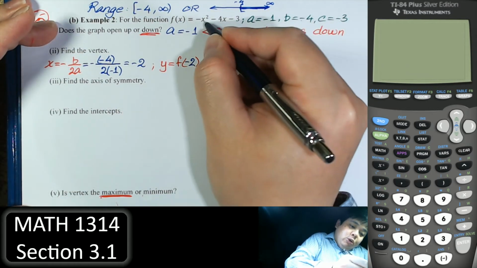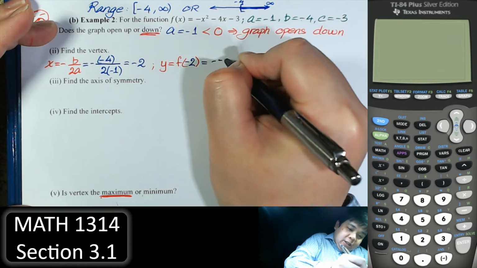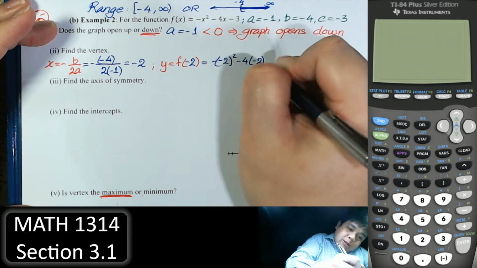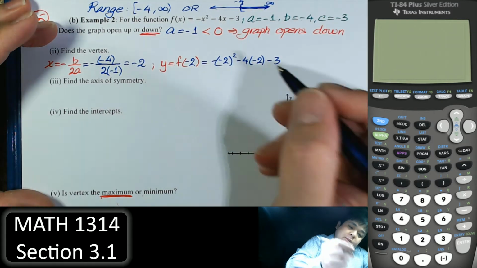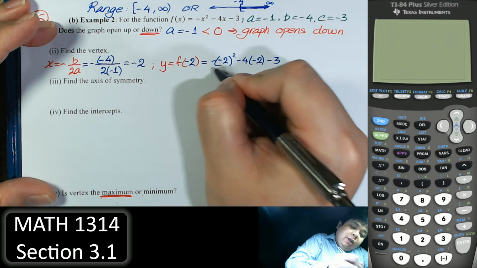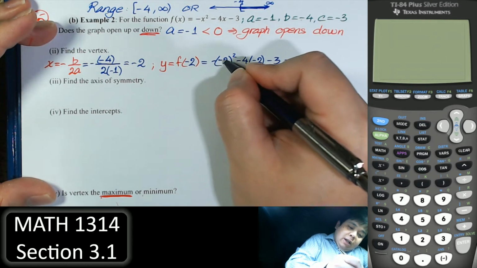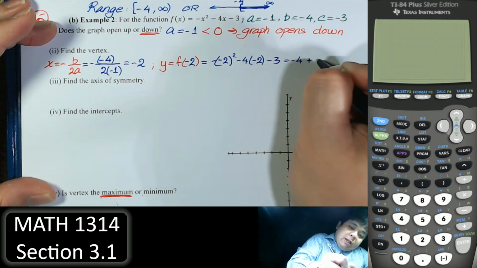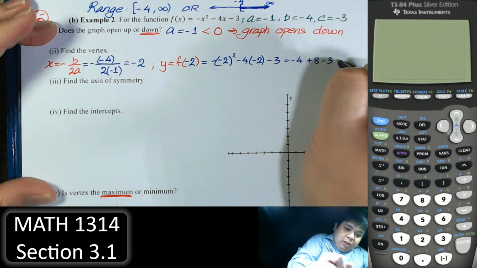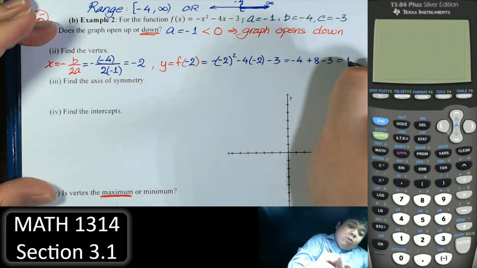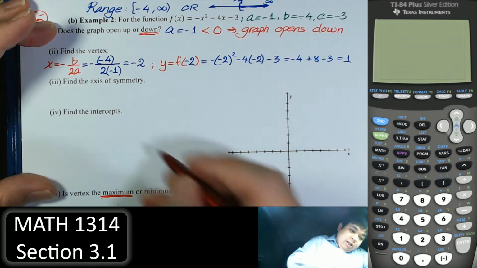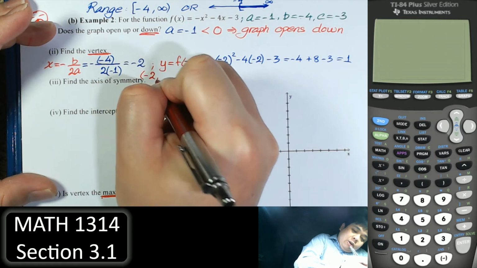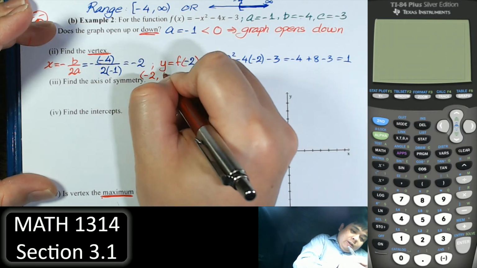So I'm just going to put -2 in here. -2 squared is 4, so -4 plus 8 minus 3, so 8 minus 7 is 1. So the vertex, we have x is -2, y equal to 1.